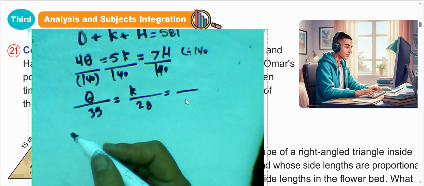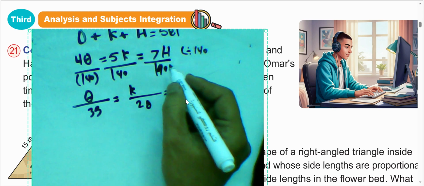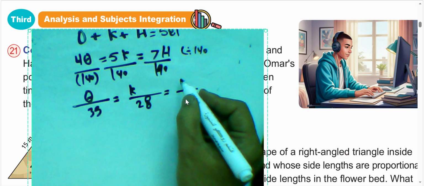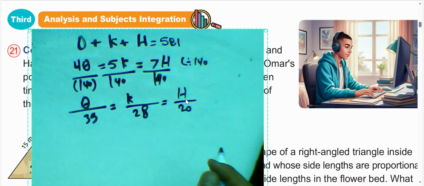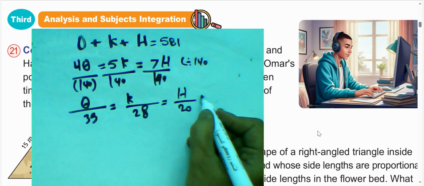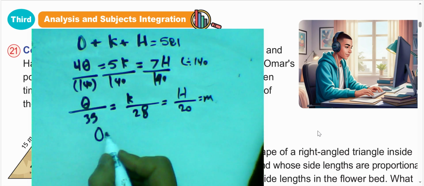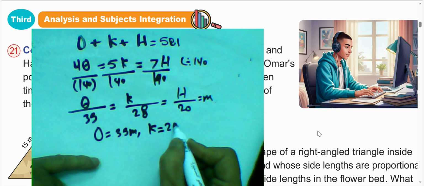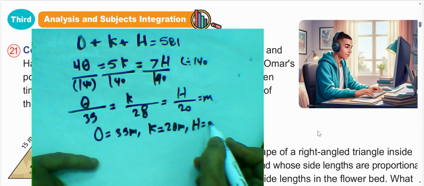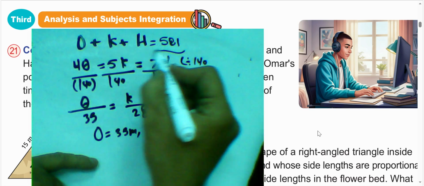And 140 divided by 7 will be 20. Then we can put here the constant m. Then O equals 35m, K equals 28m, and H equals 20m.